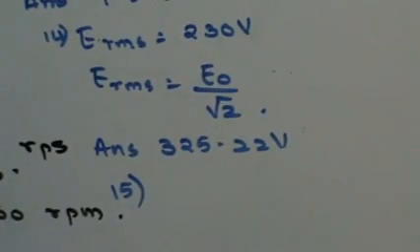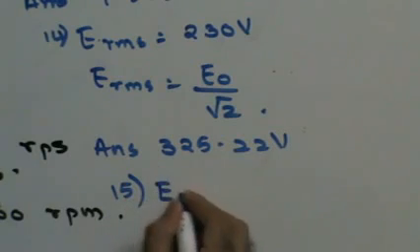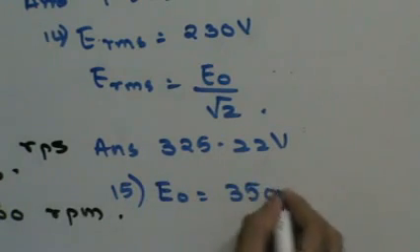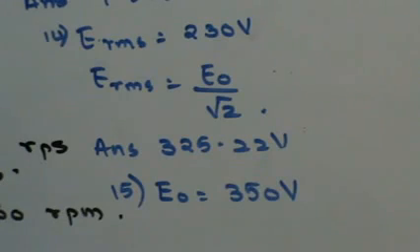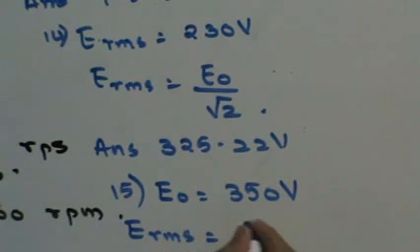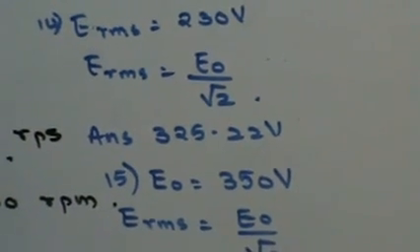Next, take down next one please. If the peak value of an alternating voltage is 350 volts, calculate the RMS value.